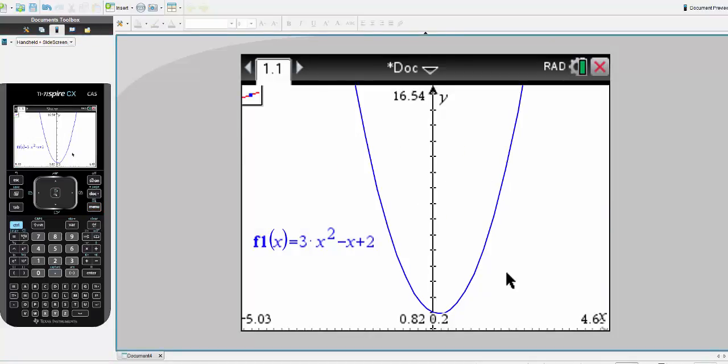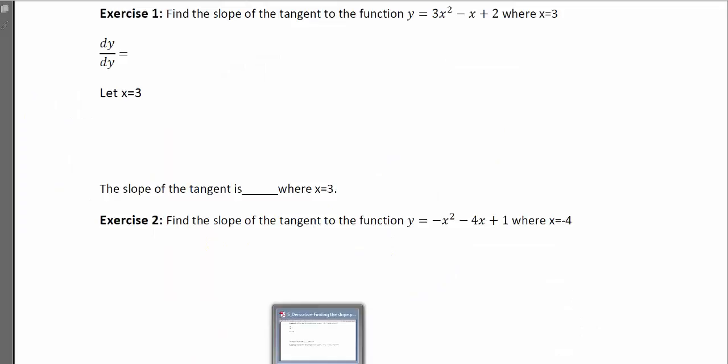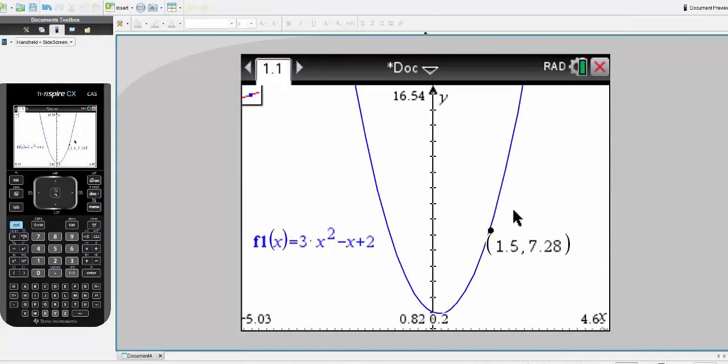I'm just going to click on the graph and then click somewhere. And then we got 1.5. That's not what we wanted. We wanted x is equal to 3. So I think we're going to have to zoom out a little bit. Let's do that.